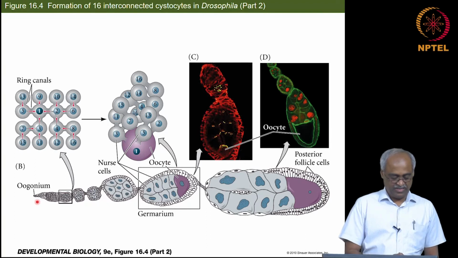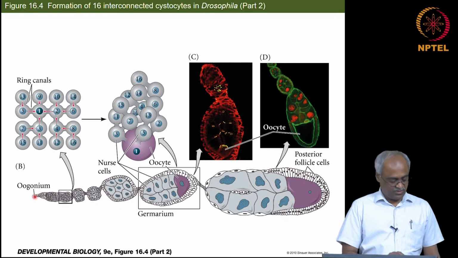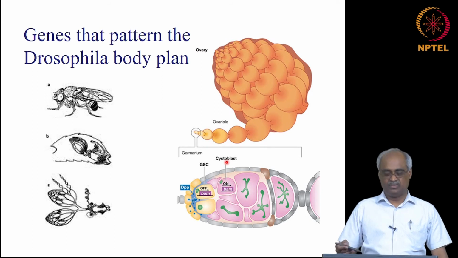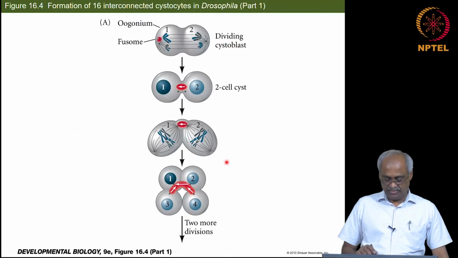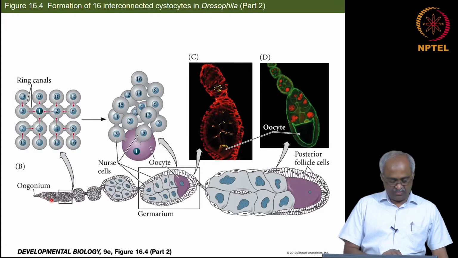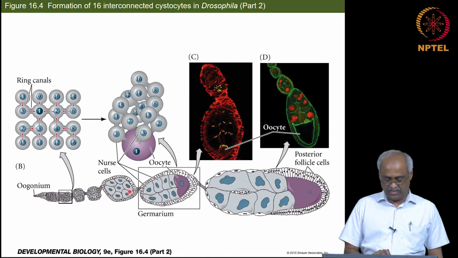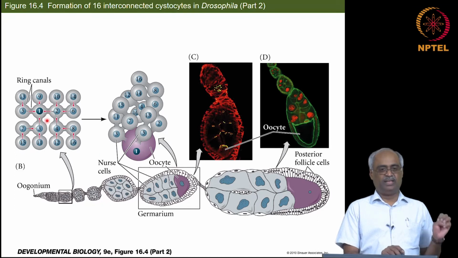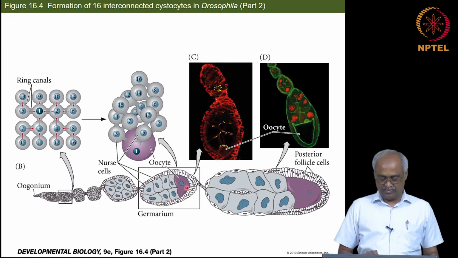Now you see, if we go back to the germarium, this oogonium is nothing but this cell, that is, when this divides into 2, the one that is going to come, the cystoblast, is also called the oogonium. So, as it comes, the cell divisions happen and it becomes bigger and bigger, and then finally the oocyte is the one out of the 16 selected to become the oocyte, and that now you are going to show in a different color.